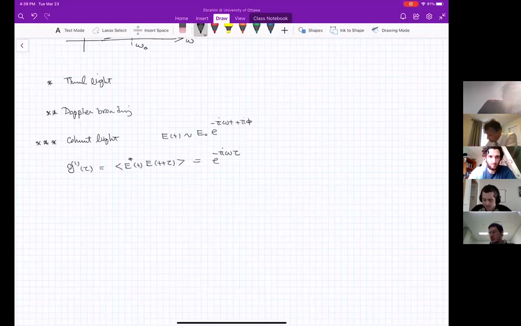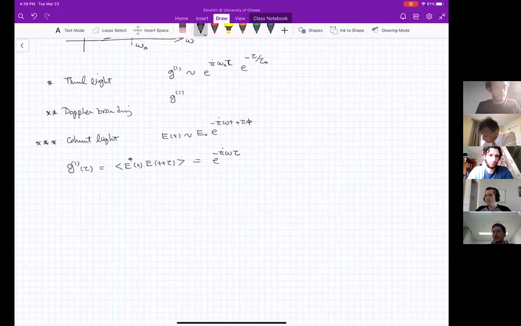And then for the first one, what we got for G1 is proportional to e to the power of minus iω0τ, and then e to the power of minus τ divided by 2τ0.